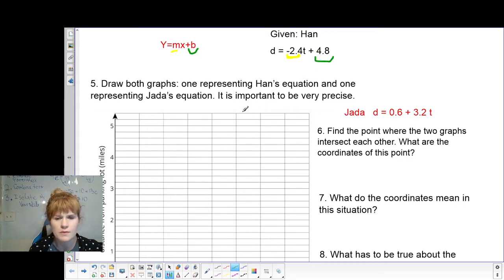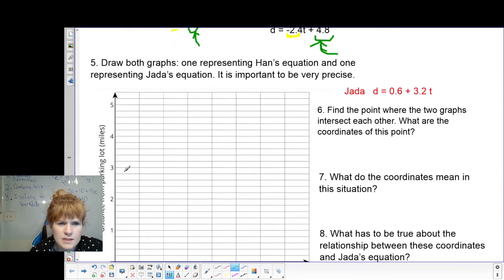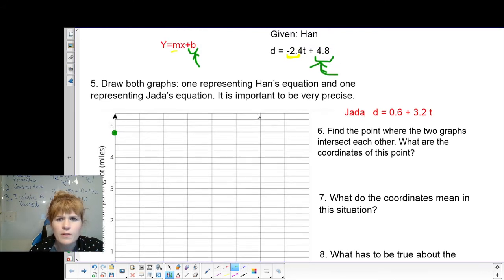So here's how you use it. Remember that this is the y-intercept. I taught that quite some time ago. Hopefully this is a review for you. So the intercept is 4.8, the y-intercept. That means when x equals 0, the value for d is 4.8.